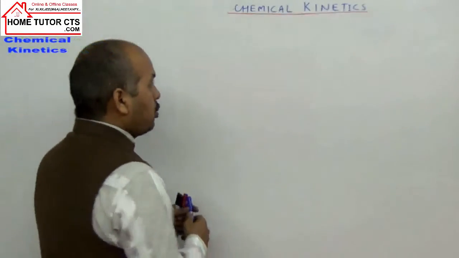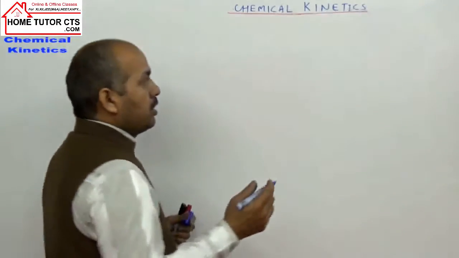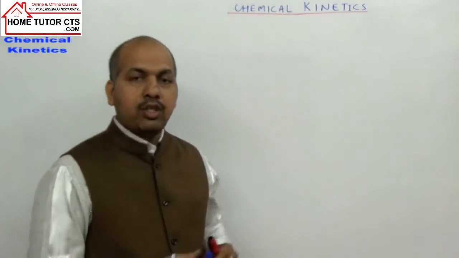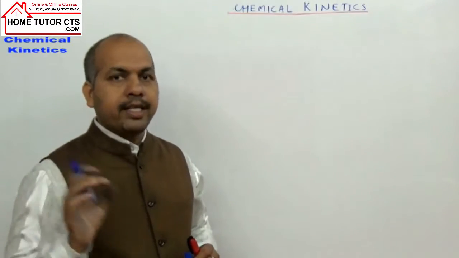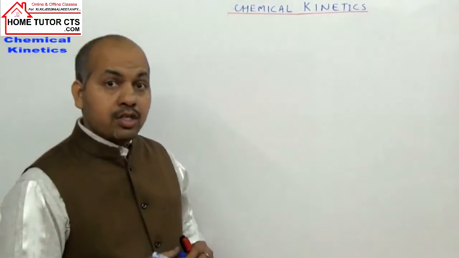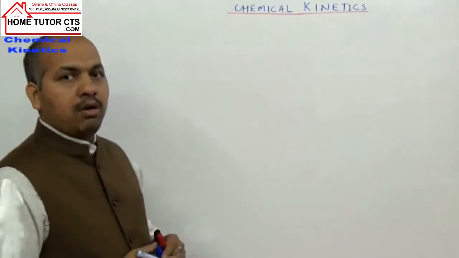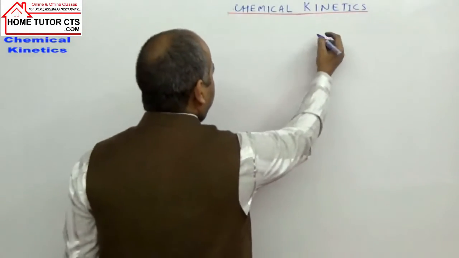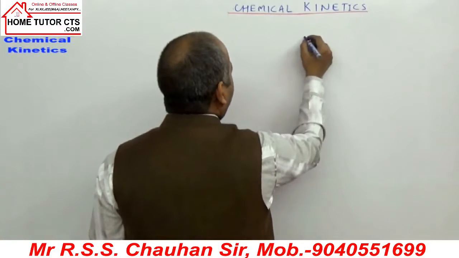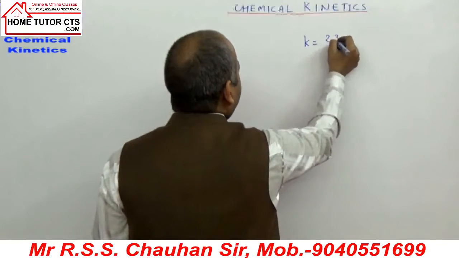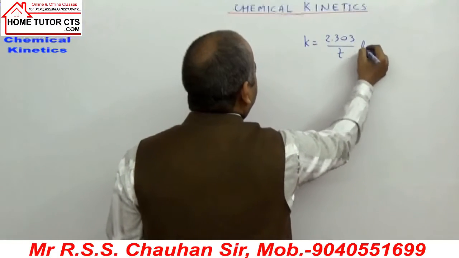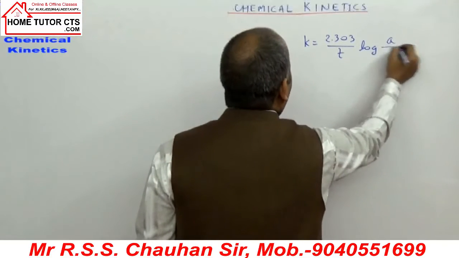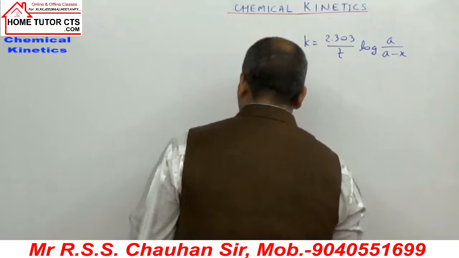For calculation of rate constant for zero order and first order, expressions were already given to you. For the zero order reaction we had the expression x equal to kt, or k equal to x upon t. While for the first order reaction, the rate constant is k equal to 2.303 by t log a upon a minus x.